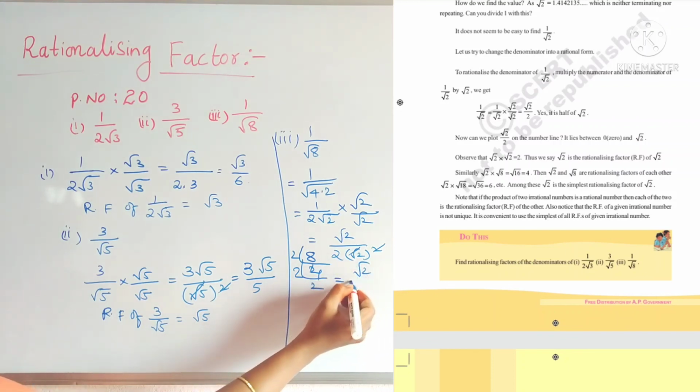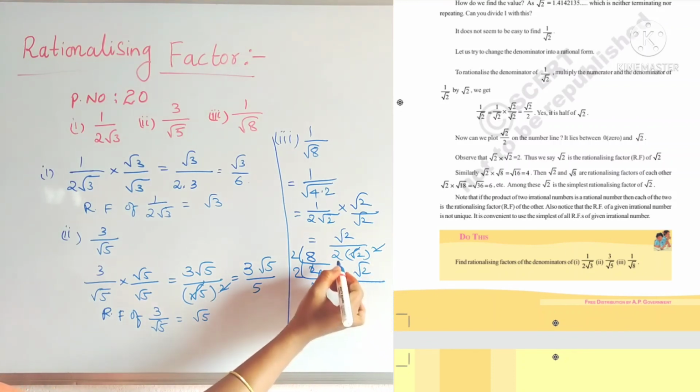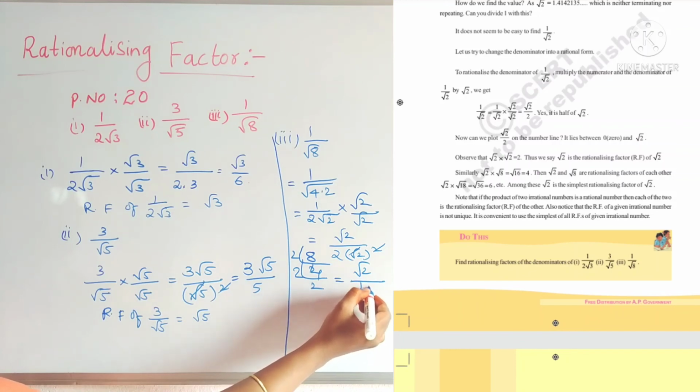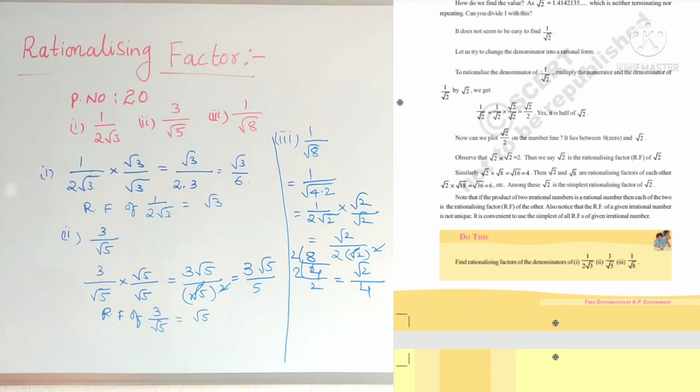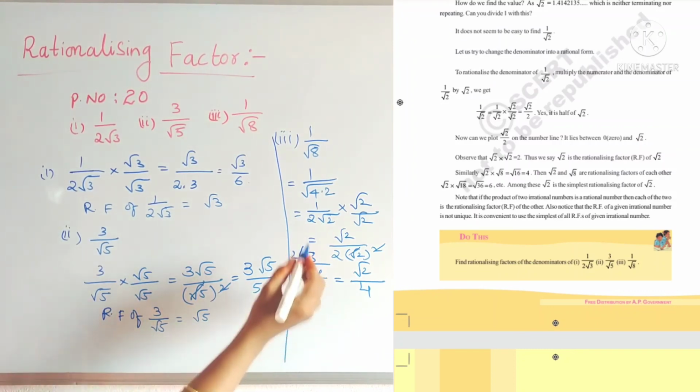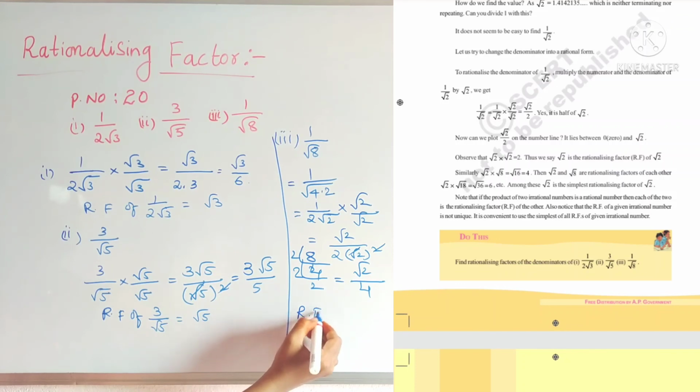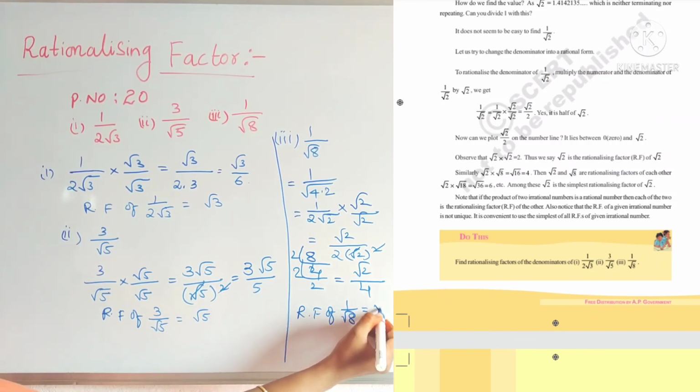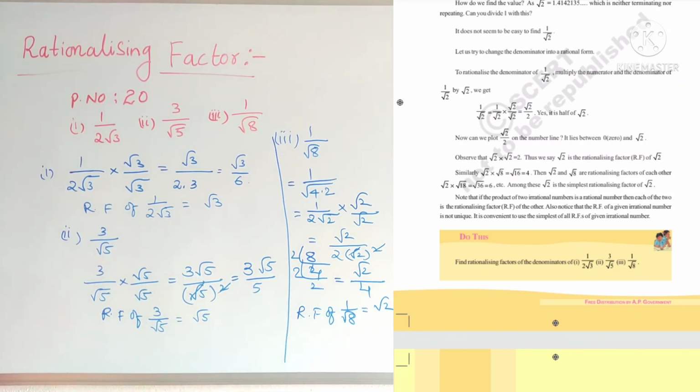Now root 2 by 2 into 2 is 4, so root 2 by 4. What is the rationalizing factor of 1 by root 8 here? Root 2. So like this we can find the rationalizing factor for the given numbers.